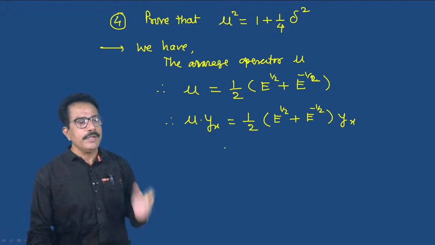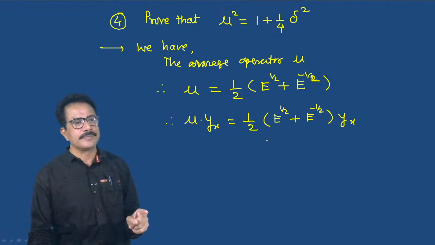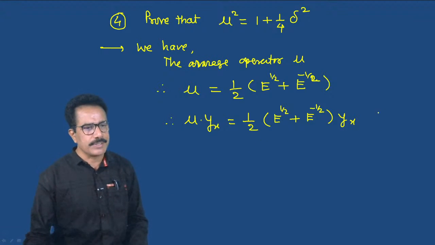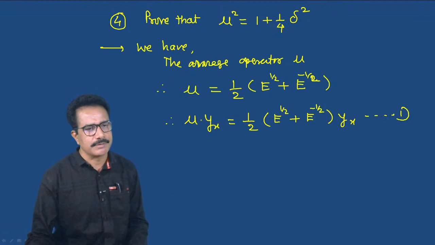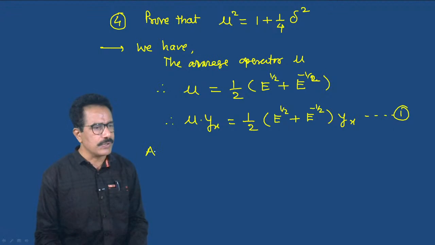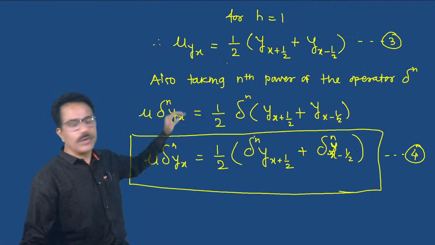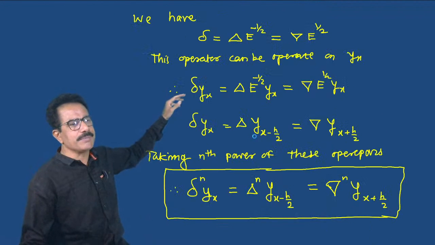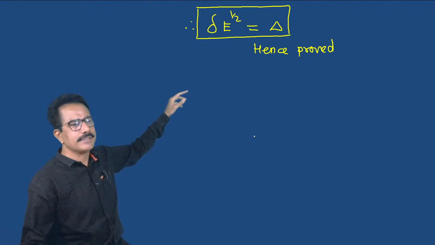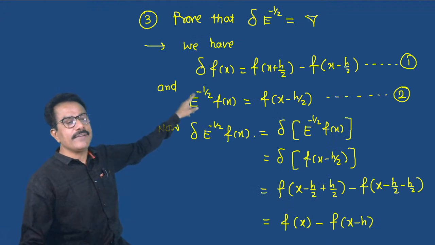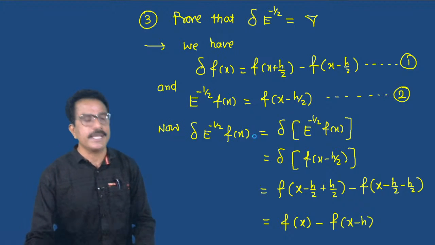Now we have to take here delta yx. Suppose this is equation number 1. Also, you know that delta of yx means, what can we write? Delta f of x means f of x plus h minus f of x minus h.